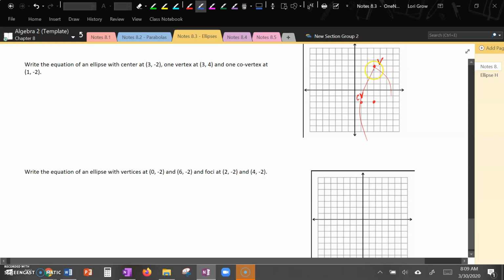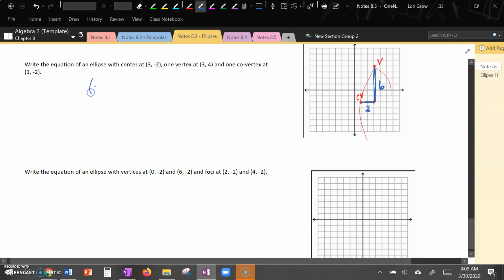All I really need to know from this information is that this is a vertical ellipse, and that this major axis has a value of 1, 2, 3, 4, 5, 6 for an A value, a total length of 12. And the B value is 2, or a total length of 4.